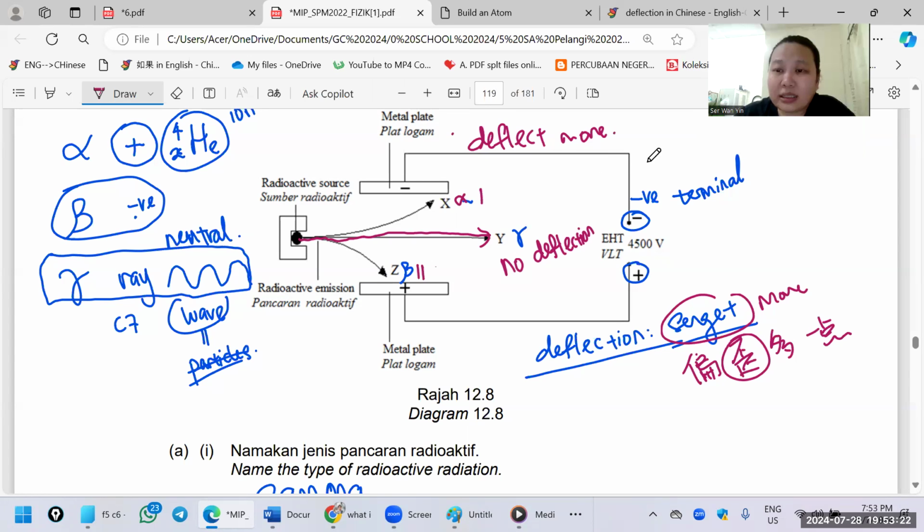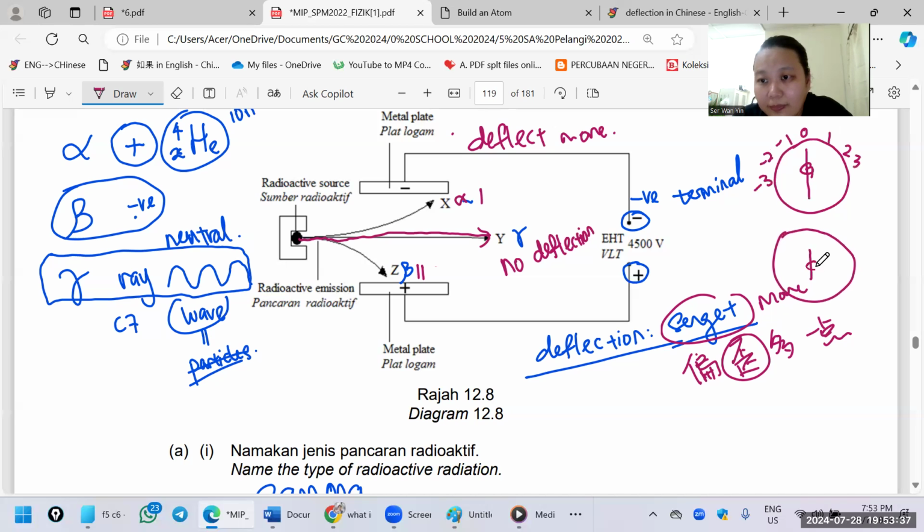Three types. For example, this is a galvanometer. The galvanometer is 0 at the center, with -1, -2, -3, and 1, 2, 3.